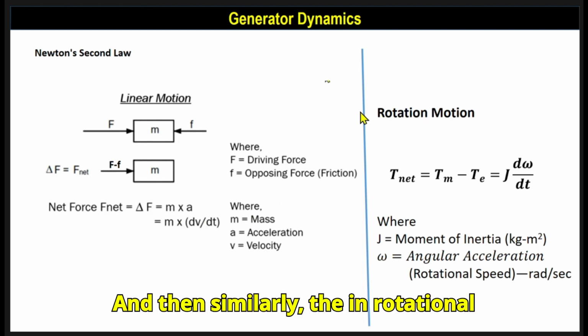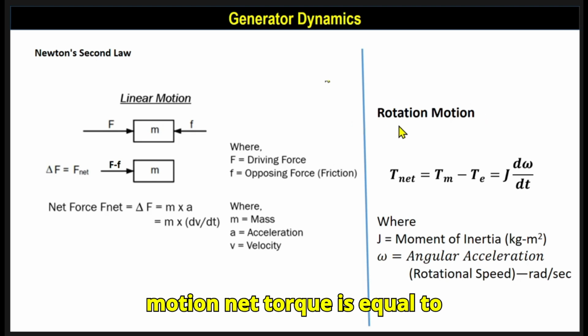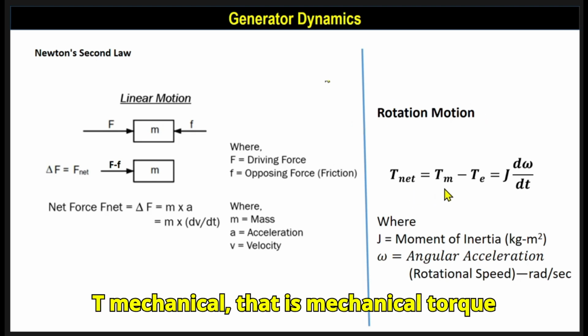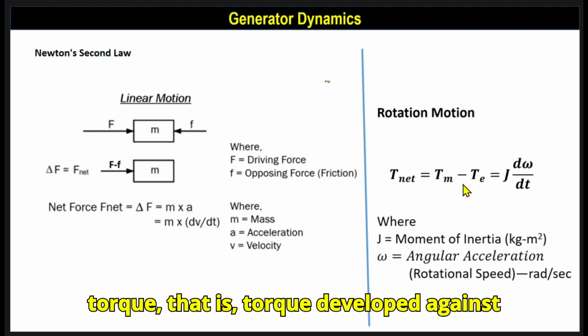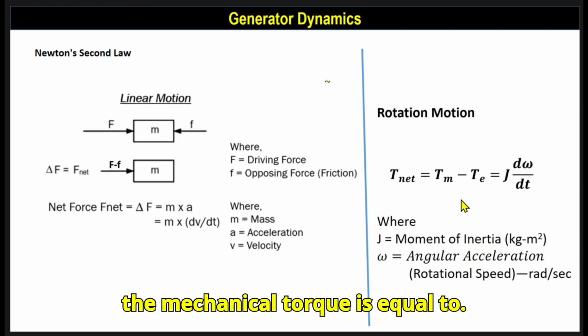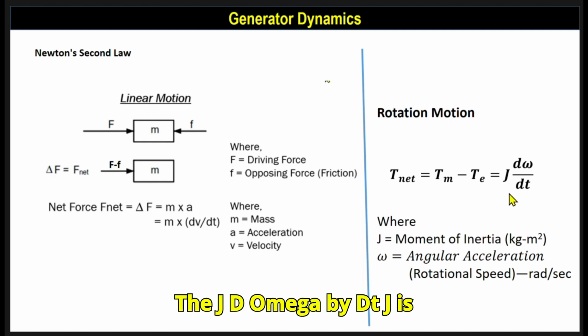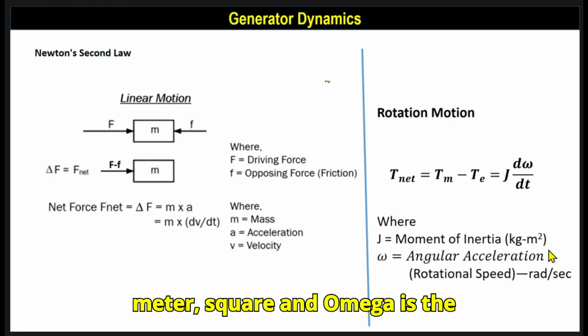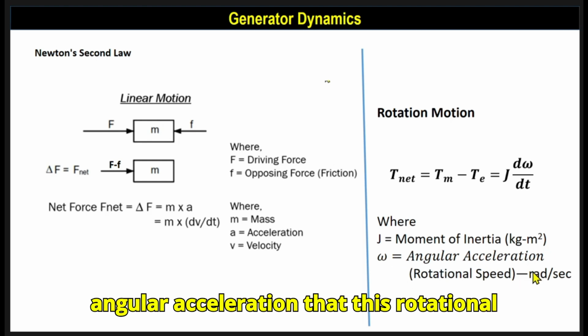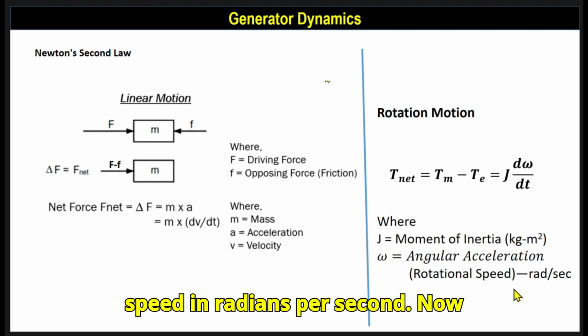Similarly in rotational motion, net torque is equal to T mechanical, the mechanical torque developed by the turbine, minus T electrical, the torque developed against the mechanical torque, is equal to J d omega by dt. J is the moment of inertia in kg meter square, and omega is the rotational speed in radian per second.